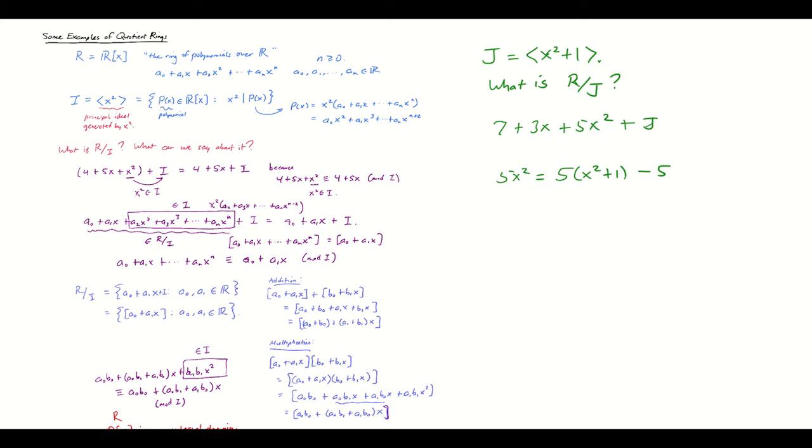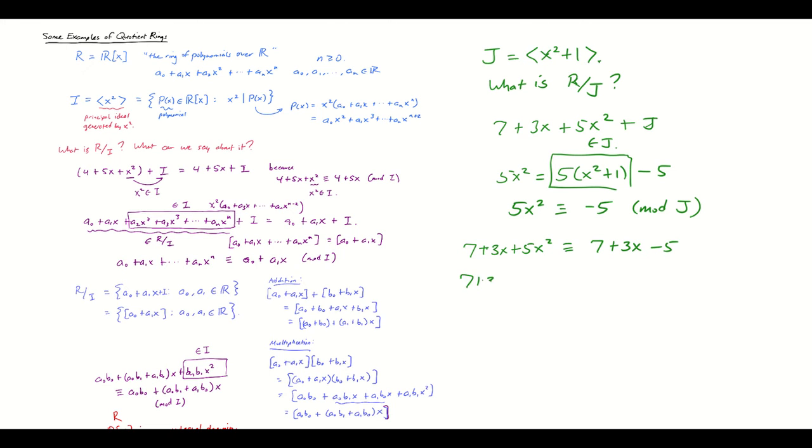All right, but that means that 5x squared is congruent to negative 5 mod J, because this polynomial belongs to J. And because addition mod J is well defined, that's a theorem we proved in a previous video, that means that 7 plus 3x plus 5x squared is congruent to 7 plus 3x minus 5.